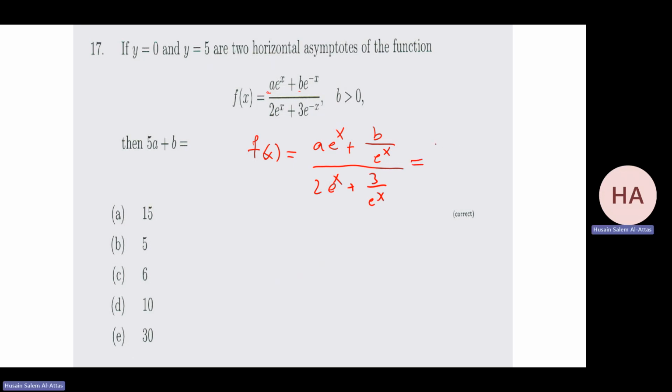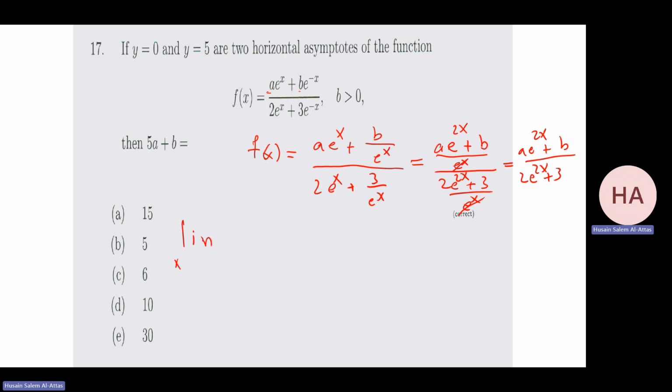So that will be (a e^x + b)/(ax) over (2e^x + 3)/(ax). So this is cancelled. So I have (a e^x + b)/(2e^x + 3), which I think will be easier to deal with.